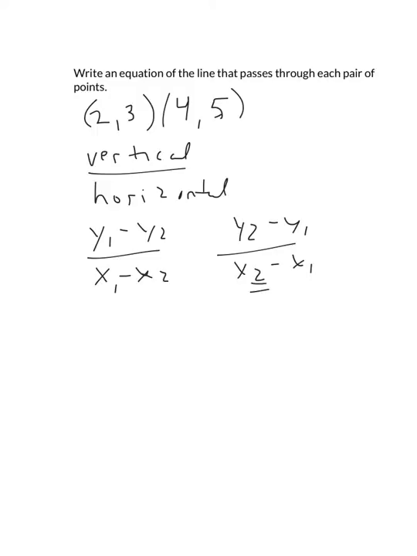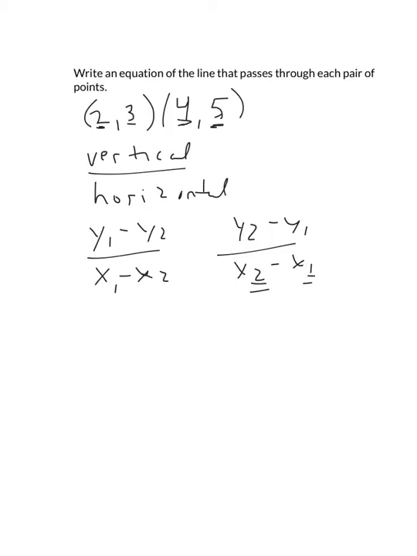The 1s and 2s are just the order: this is the first x, that's the first y, that's the second x, that's the second y. Once you pick the order, you're coming from the same ordered pair.